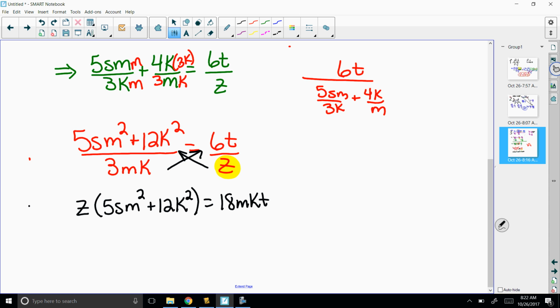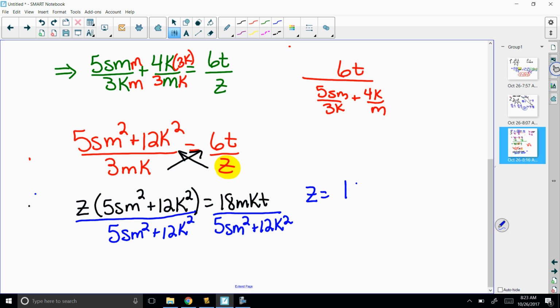But as a final step, we need to solve for Z. So I want to divide by 5SM squared plus 12K squared. So Z is equal to 18MKT divided by 5SM squared plus 12K squared.